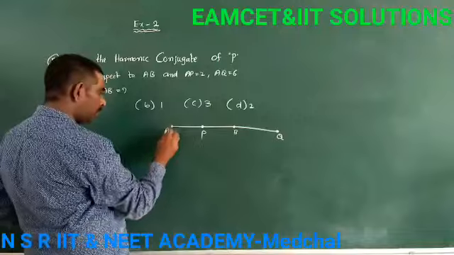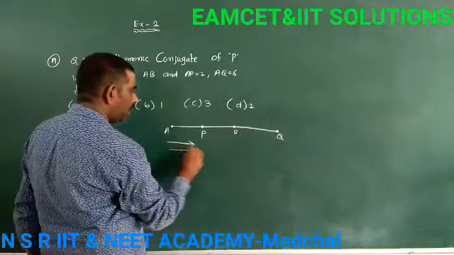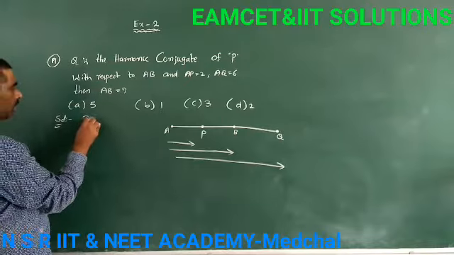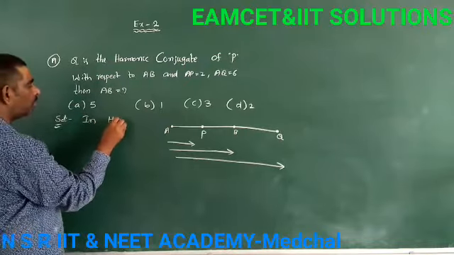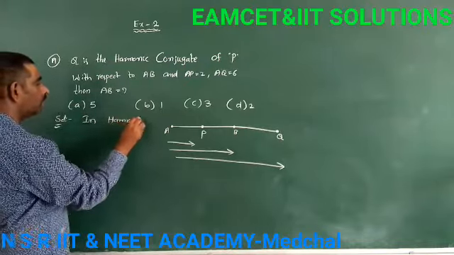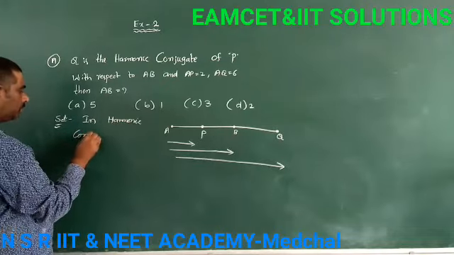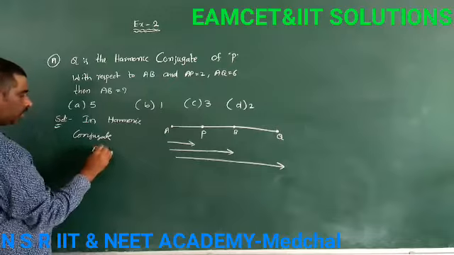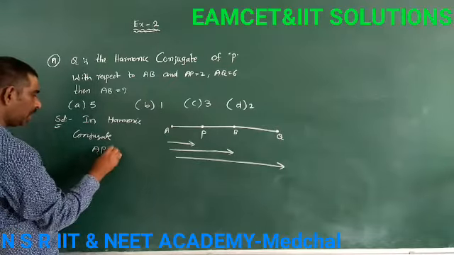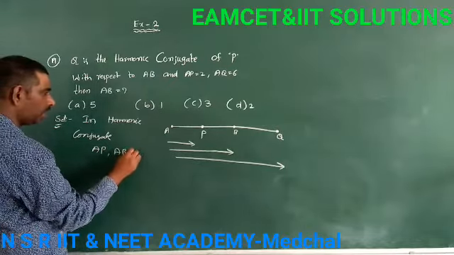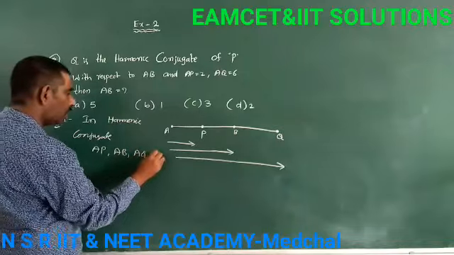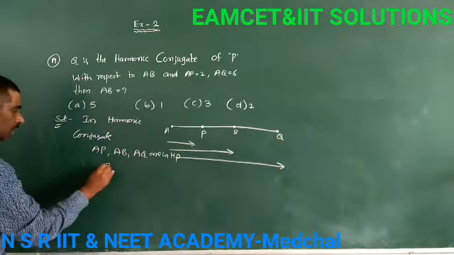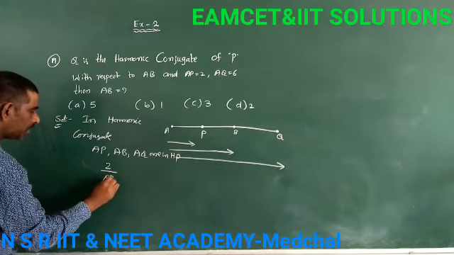So in this harmonic conjugate, the 3 values AP, AB and AQ are in HP. HP means harmonic progression.